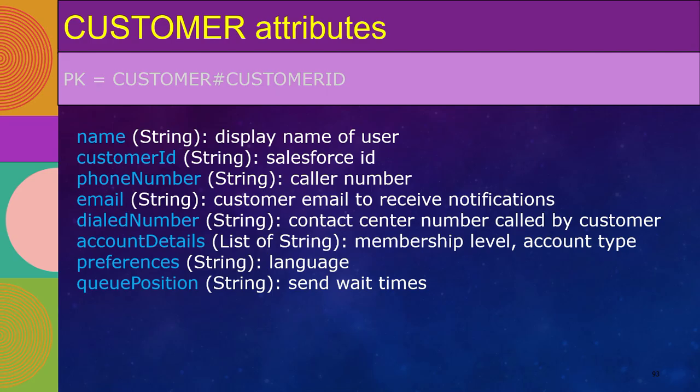This is why I now say, okay, for customer, I just want to zoom in on customers. And my primary key could be customer pound customer ID. Now, once again, this could be username, but if it's prefixed with a customer pound, it has a different string value. It's customer pound Steve B or something like that.